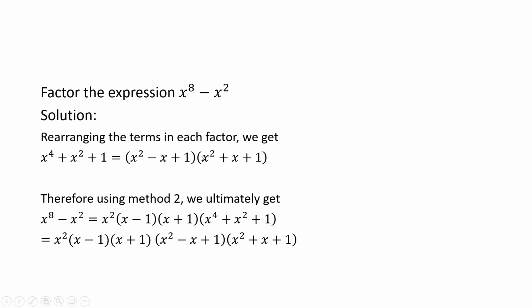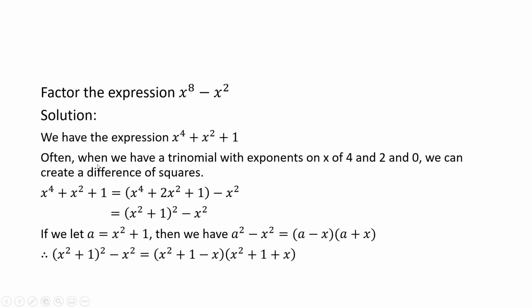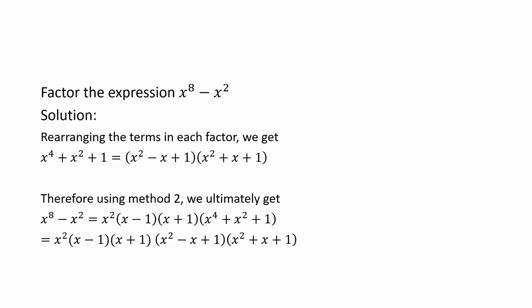We would then reorder the terms because generally speaking, like we see at the bottom, we order trinomials with the squared term, then the linear term, then the constant term. So we reorder them, and we are able to say that x to the 4 plus x squared plus 1 is actually x squared minus x plus 1 times x squared plus x plus 1.